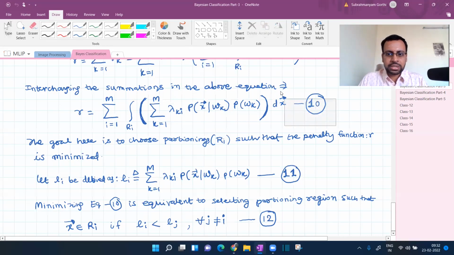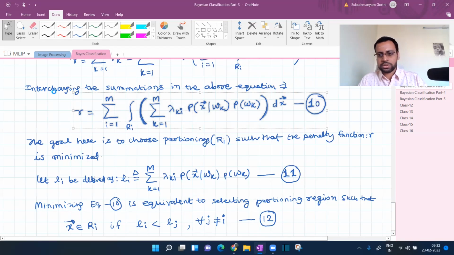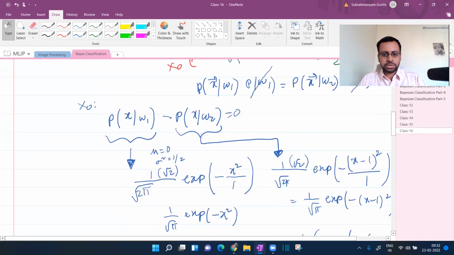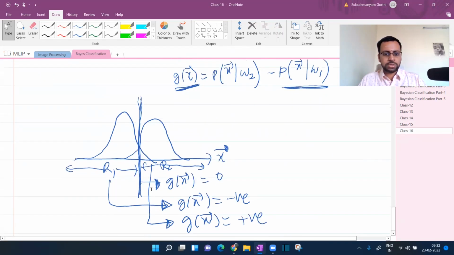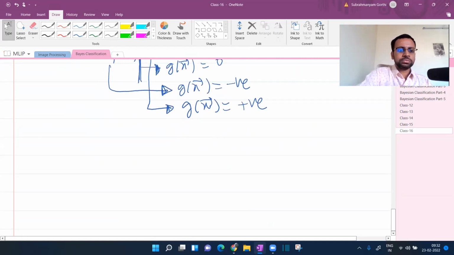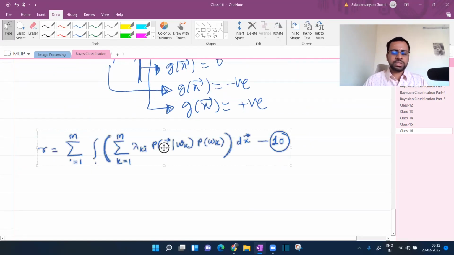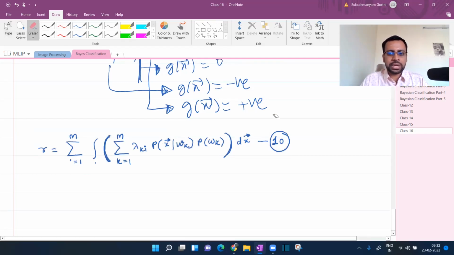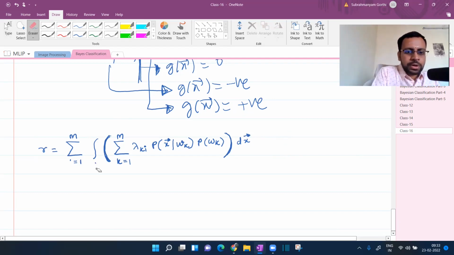Maybe I will copy paste this here. This was the equation that we obtained earlier. You could notice here, this is an integral over Ri.